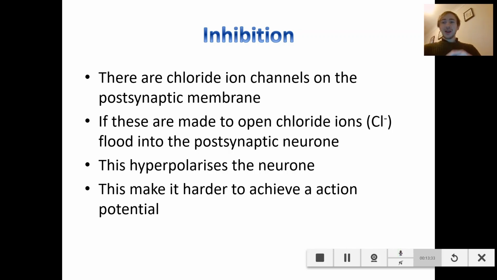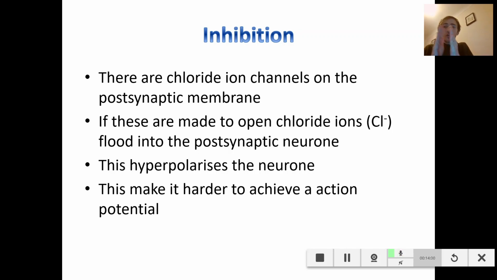So, as well as sodium ion channels on the postsynaptic membrane, there are also chloride ion channels. Now, I hope everyone knows that chloride ions are negative. The clue's in the symbol Cl-. So what's going to happen if you take in chloride ions to the membrane potential?